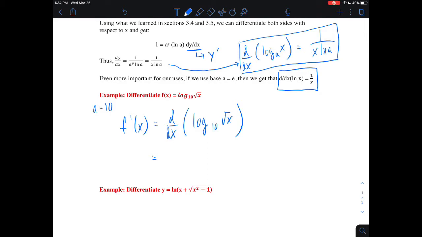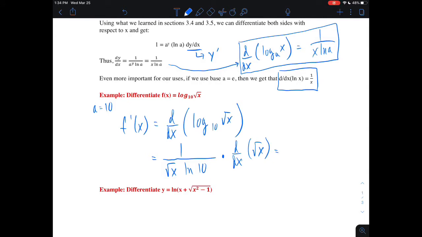This will be 1 over, not x, but the function that's inside. So square root of x, and then times the natural log of the base, in this case 10. And then by the chain rule, we have to multiply by the derivative with respect to x of what's inside.